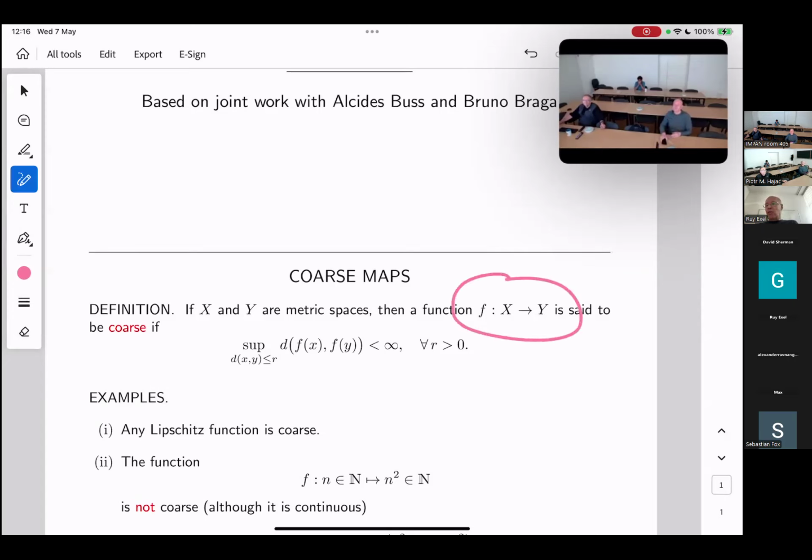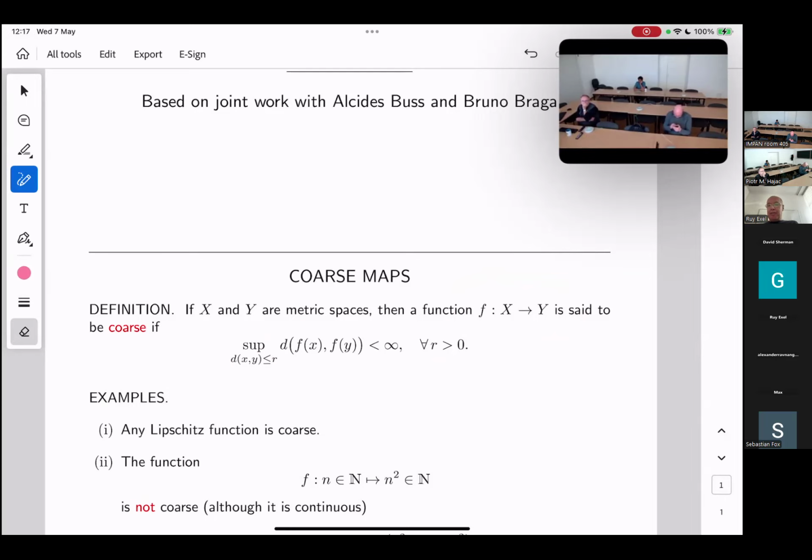If X and Y are metric spaces, then a coarse function from X to Y is a function that satisfies this inequality over here, so that the distance between the images of two points is somehow bounded based on the distance of the points themselves. The idea here is that the function does not spread points too far apart.